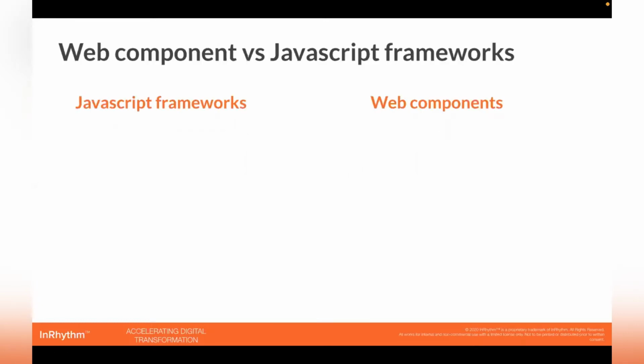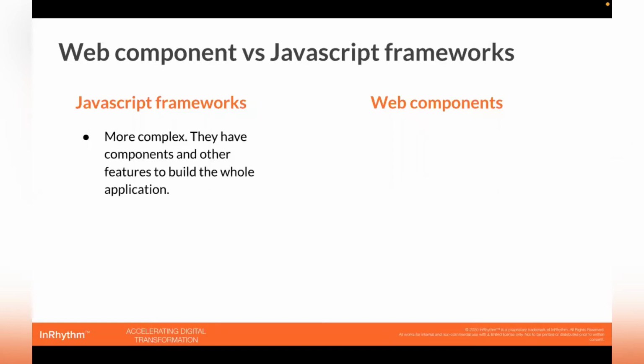As we know, there are a lot of very popular JavaScript frameworks like React.js, Angular, Vue.js. So what's the difference between those JavaScript frameworks and web components? First of all, the JavaScript frameworks are more complex. Of course, you can create components in a JavaScript framework, but you can do something more.